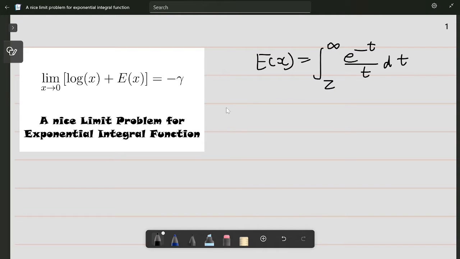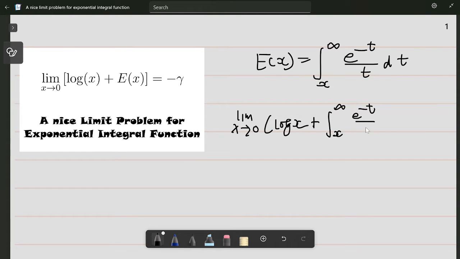Okay, so for this one, I should have written x over here as well. Now we have the limit as x tends to 0 of log x plus this integral from x to infinity of e to the power minus t by t dt.